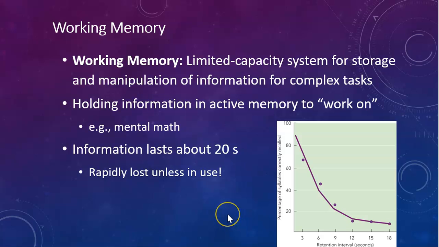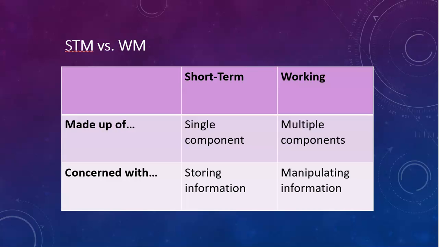So again, we're just showing that whether you're gaining new information or recalling old information, your short-term working memory only has so much, it only holds things for so much time, unless you're using one of our control processes. So again, your textbook does kind of break down the difference between short-term and working memory. But again, for the sake of this class, I'm going to refer to the two as the same.